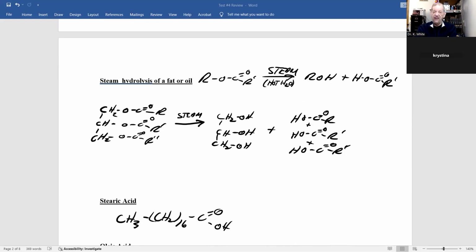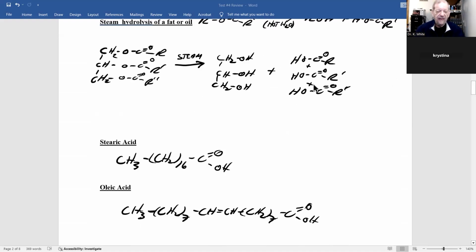Steam, especially high pressure steam, quite dangerous stuff too. And with steam hydrolysis of a fat or oil, your ester, hot water, steam, you get the same products as acid hydrolysis of an ester, alcohol plus a carboxylic acid. So if I have this ester, I'll get this alcohol plus this carboxylic acid.